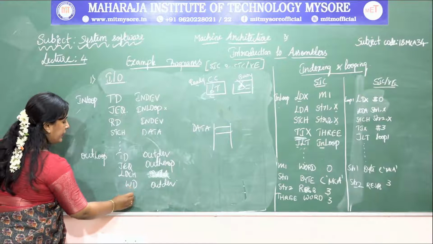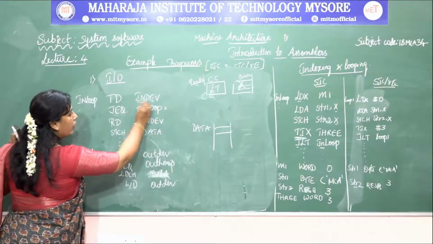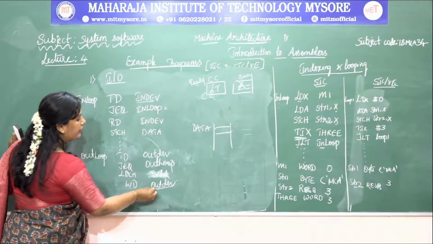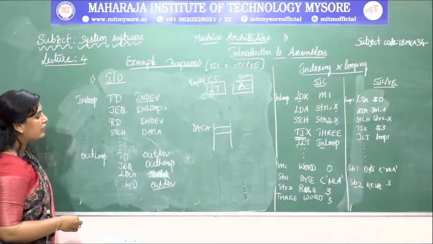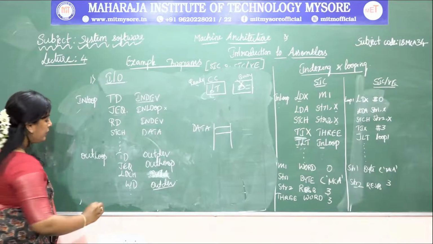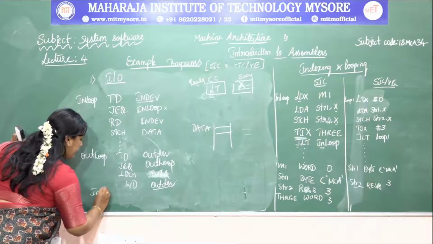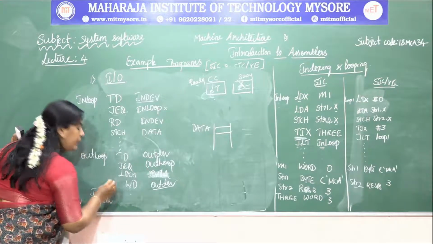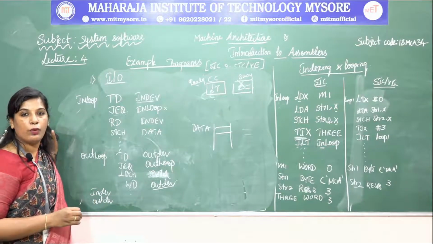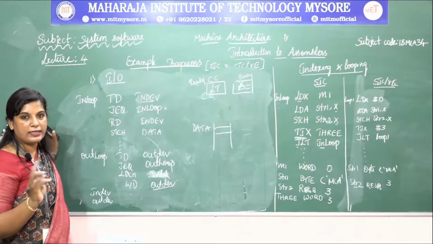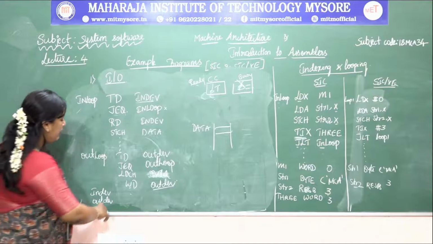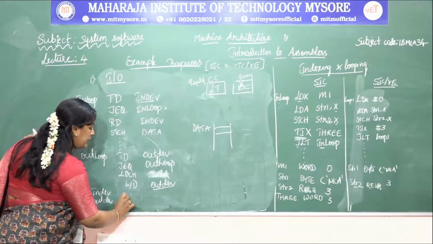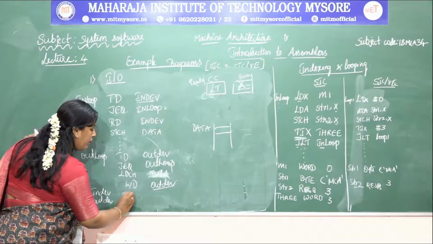In this case, the data variables required are input device, output device and data, isn't it? I already told that every input and output device has its own identification number of 2 hexadecimal digits. So here the input device is represented in the form of byte.